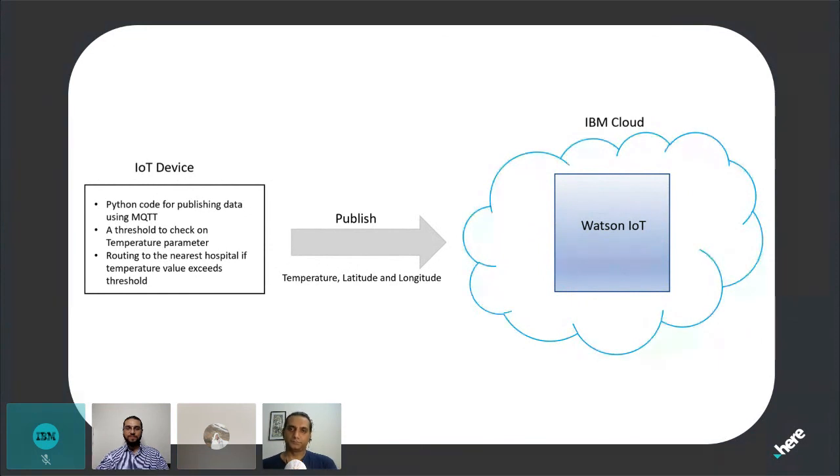From there, we were supposed to integrate the HERE services with our application, so that if a person is in critical condition and the temperature is above the threshold, the application would send them the information about the nearest hospital they can go to, along with the routing information, and also show the routing on the map. What we did last week was create the Watson IoT platform on IBM Cloud.